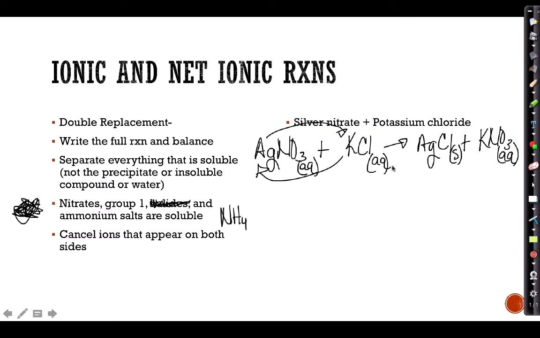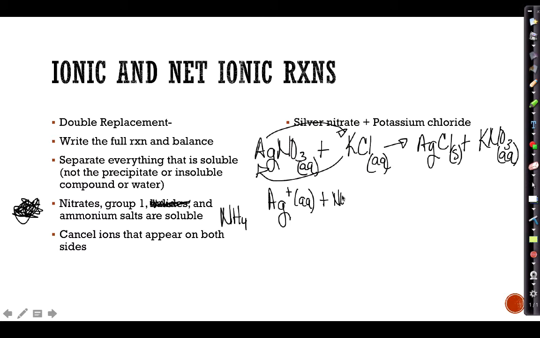Well, what I can do is break up everything that is aqueous. So silver nitrate, when I dissolve a soluble compound into water, it's going to break apart into its ions. So silver and nitrate will break up, because that's what happens when an ionic compound is dissolved into water. It's breaking apart into its ions. So silver is a +1.